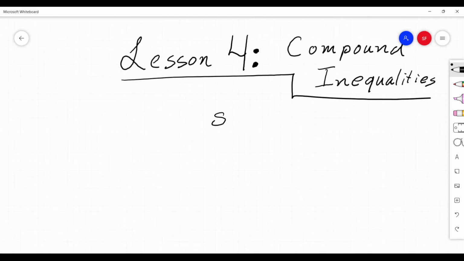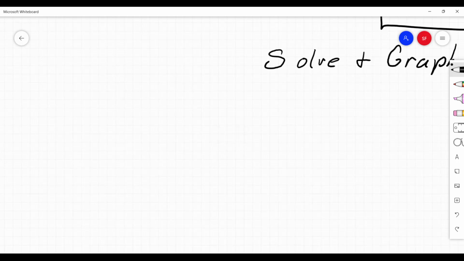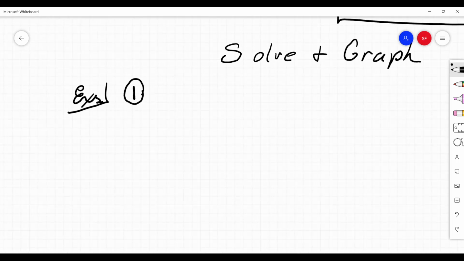Solve and graph. Examples. Numero uno: -2 is less than or equal to x minus 3 is less than 4.